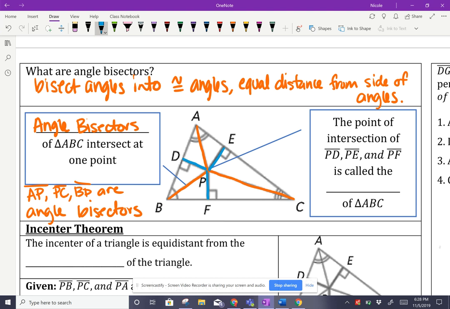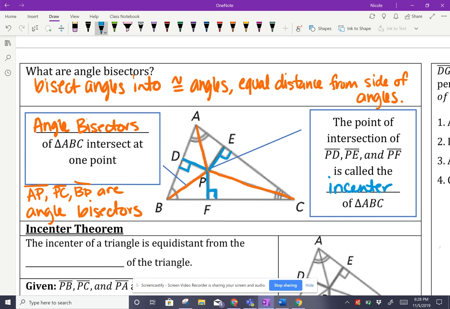They also meet at the same point, and that point is called the incenter. So they all meet in the same place. It's called the incenter, and they have right angles with the side of my triangle, but not necessarily at the midpoint. So they are not perpendicular bisectors.